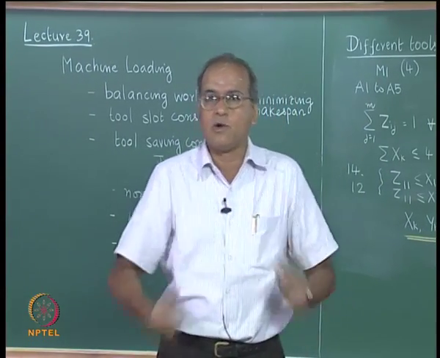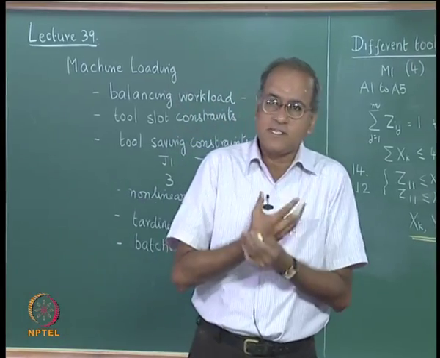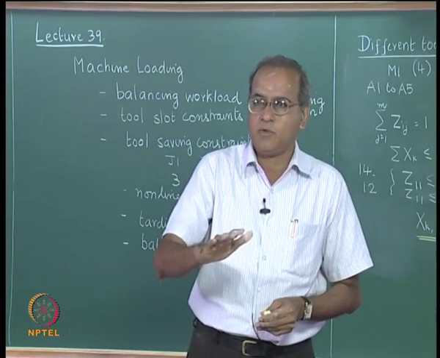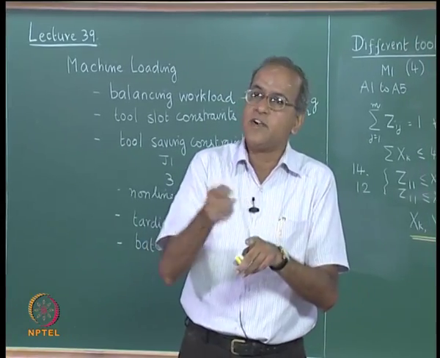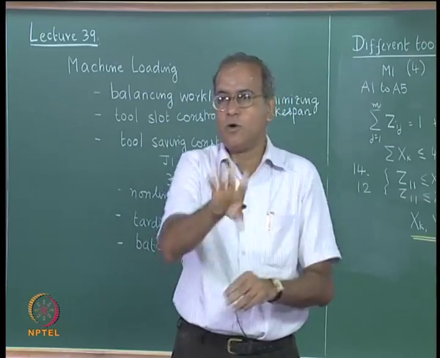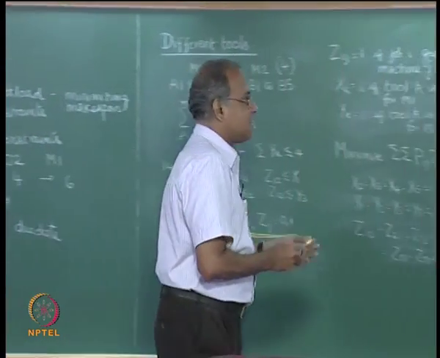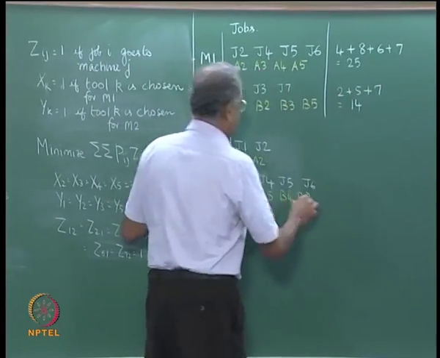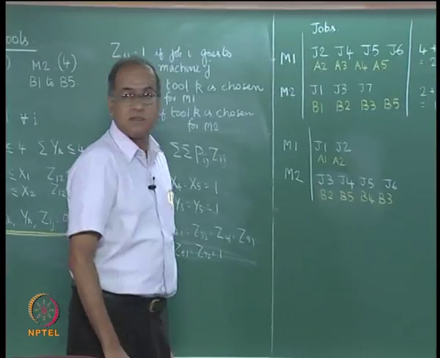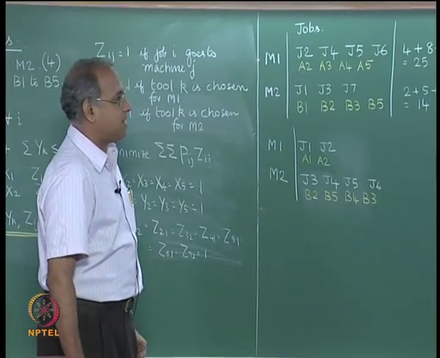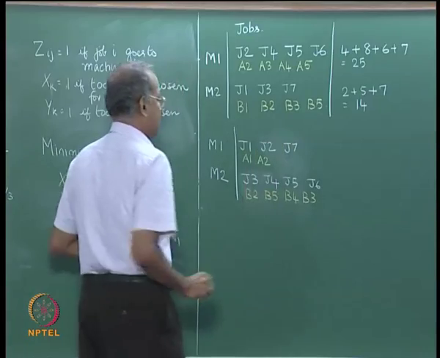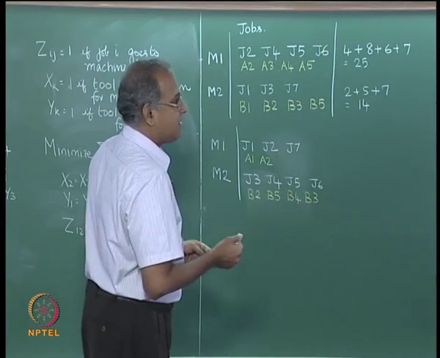So, we follow the other rule by saying that if the full set of tools are already there on one machine, do not go by minimum rule, assign it there, and then if you have to add something, then go to the minimum rule. So, by that condition J6 will come here because B4, which is the tool that it requires, is available here. So, now for J7 we need A3 and A5. So, we put J7 here, we need A3 and A5.